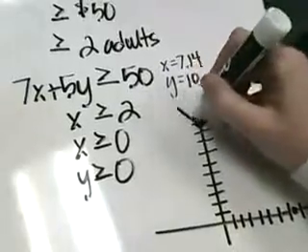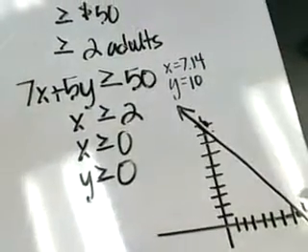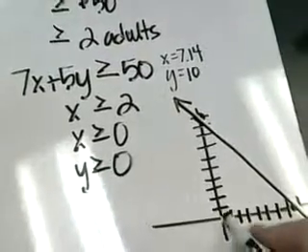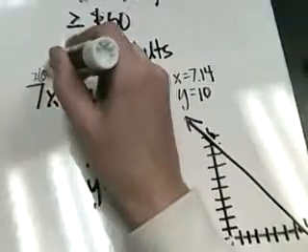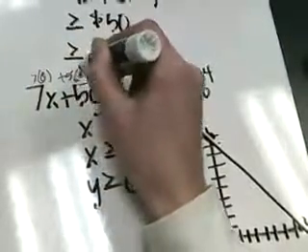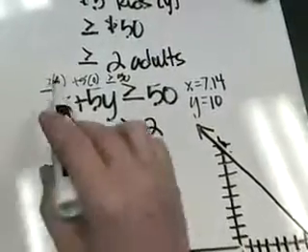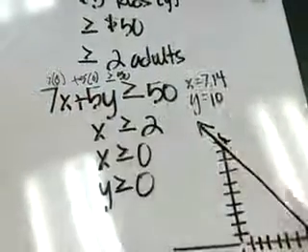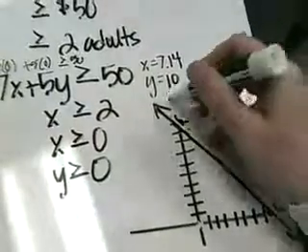Solid line. Sub in a point like 0, 0 is 7 times 0 plus 5 times 0 greater than or equal to 50. Is 0 plus 0 greater than or equal to 50? No way. So 0 did not work. I'm going to shade the other side of the line.